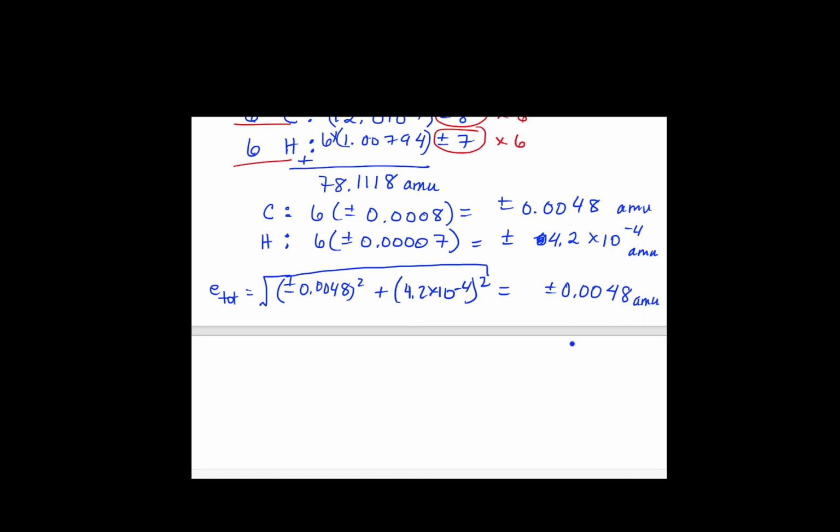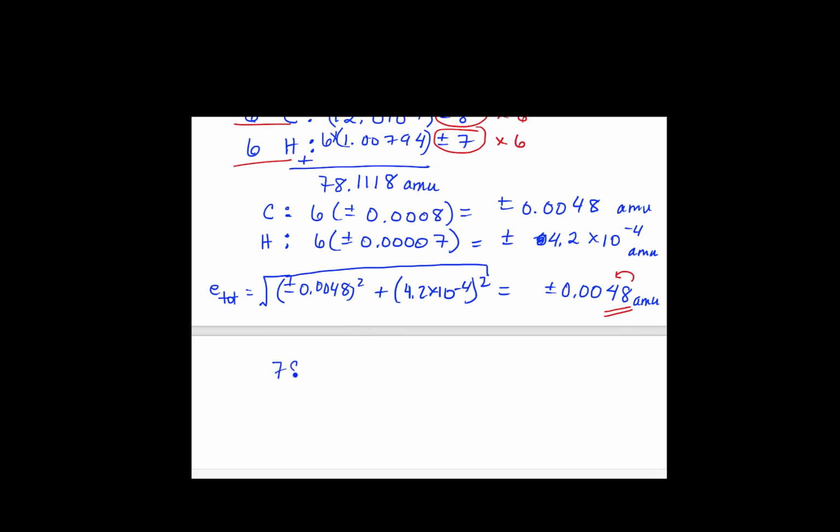So now we actually need to talk about that last digit of the uncertainty. Because in uncertainty, there's very few cases where we're going to keep two significant digits for that uncertainty. Instead, we're going to round, or we're going to indicate that that uncertainty is uncertain in some other way.